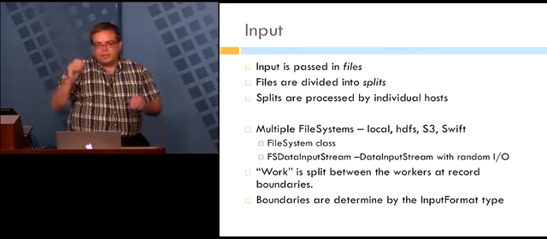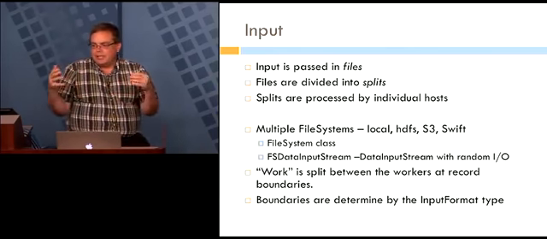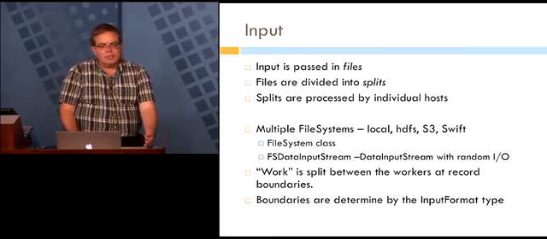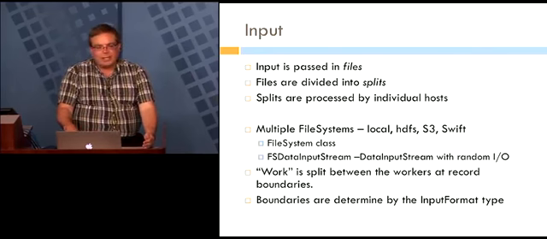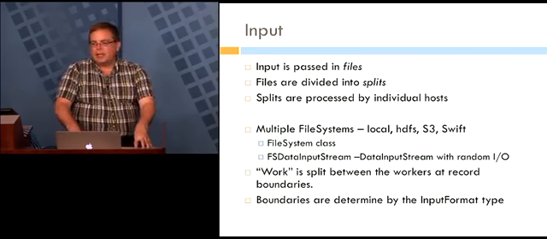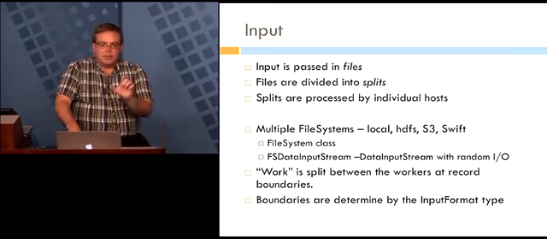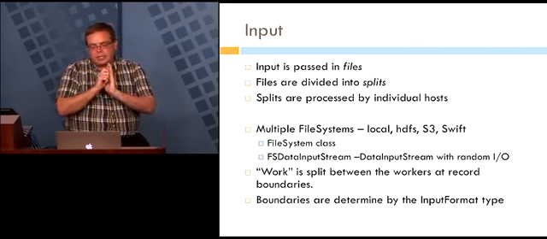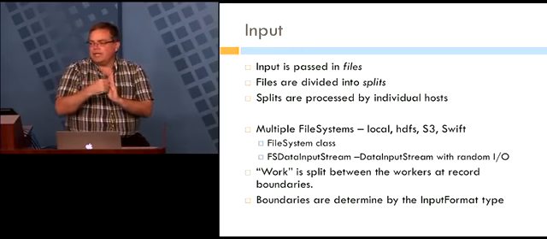S3 and Swift we're going to treat as basically the same thing. S3 is the scalable storage system from Amazon, and Swift is an implementation of more or less the same concept for OpenStack. These are mechanisms with a put-get file system interface.